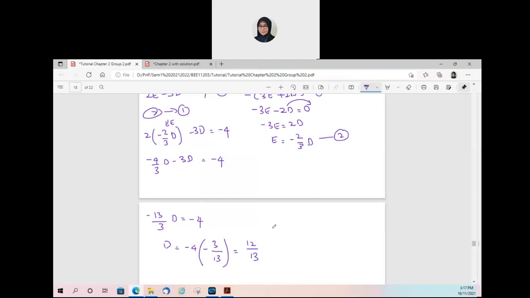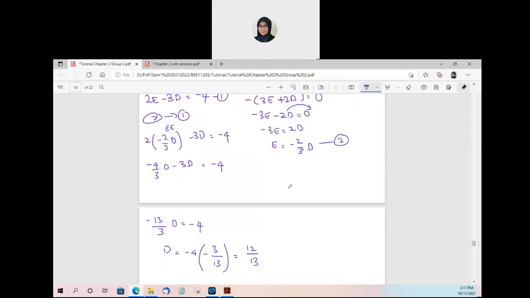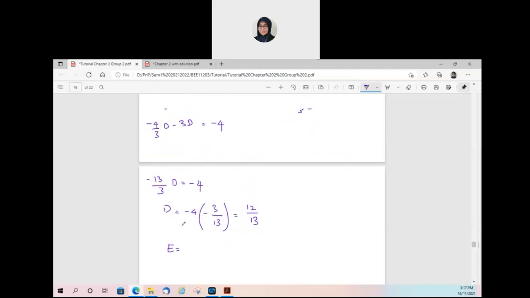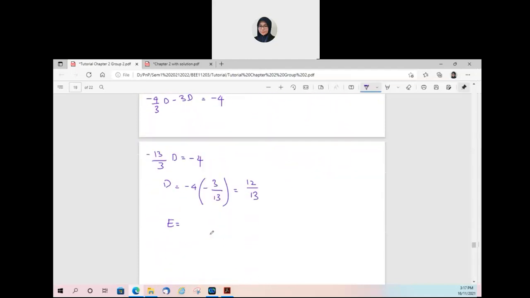Okay. Then we can get what is E. So E should be minus 2 over 3D. Then you gantikan D with 12 over 13. It will be minus 2 over 3 times 12 over 13, so minus 8 over 13.